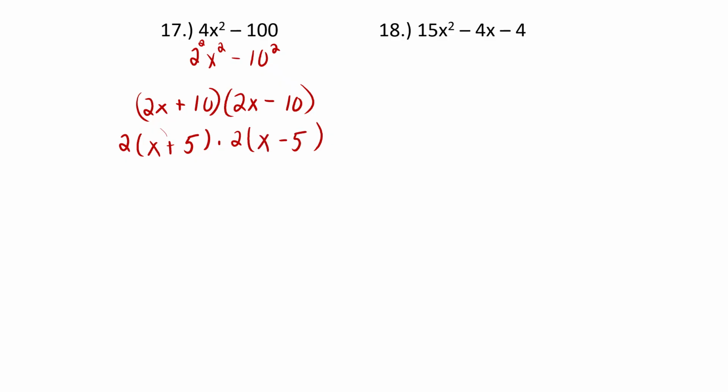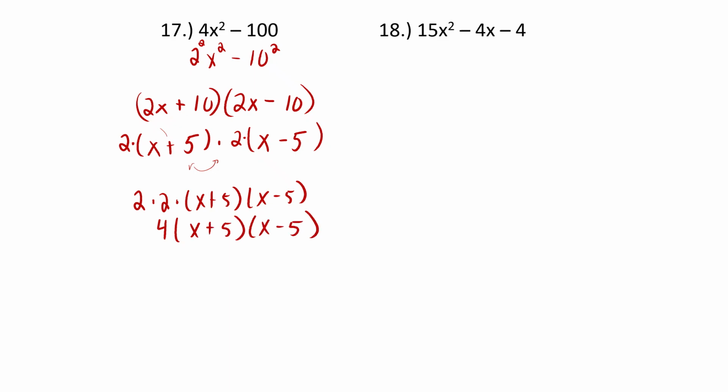Now remember that this is all multiplication. So this is 2 times x plus 5 times 2 times x minus 5. And you can multiply in any order that you want, so I'm just going to switch those two. So I have 2 times x plus 5 times x minus 5. And the 2 times 2 is 4. And that would be your complete factorization.